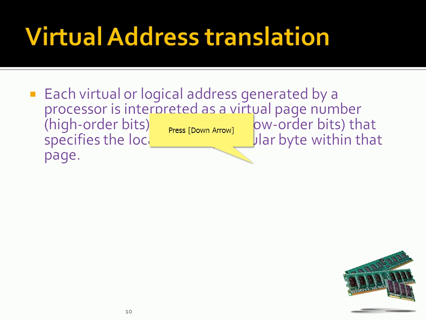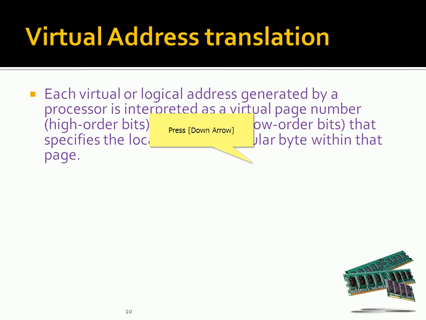The memory management unit splits the entire logical or virtual address into a virtual page number, the higher order bits of that address, plus an offset, the lower order bits. That specifies the location of the particular byte within the page, right?